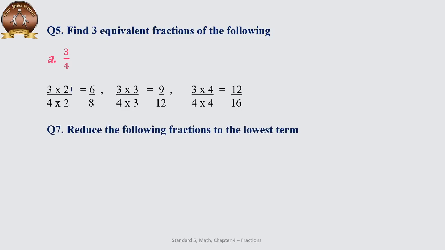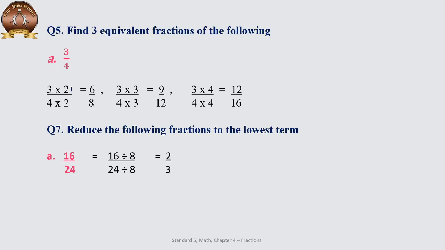Now let us look at a question of reducing the following fractions to the lowest terms. Here we have 16 upon 24. So 16 upon 24, if you know how to find the HCF, the HCF of both the numbers is 8. So when we divide the numerator and the denominator by 8, we get 2 upon 3.